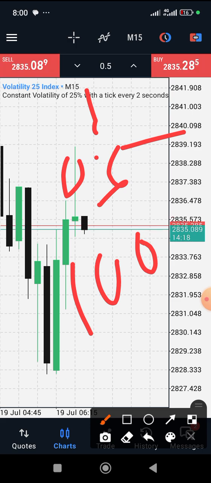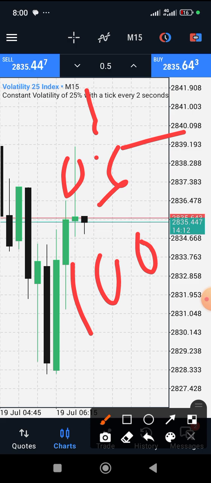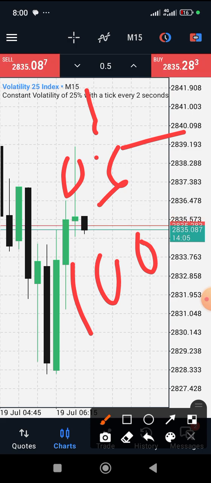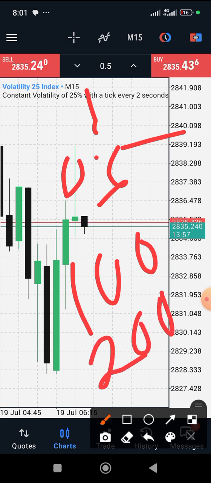If on the next trade you see exactly the same trade again and you use 1 lot size instead of 0.5 lot size, where you made $100, you'd have made $200.